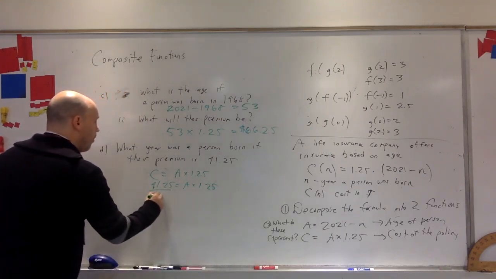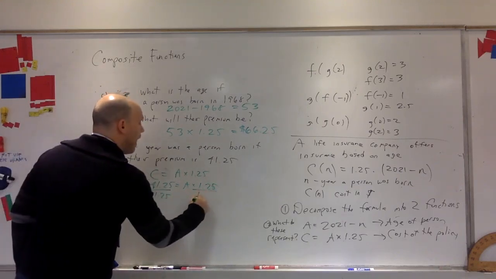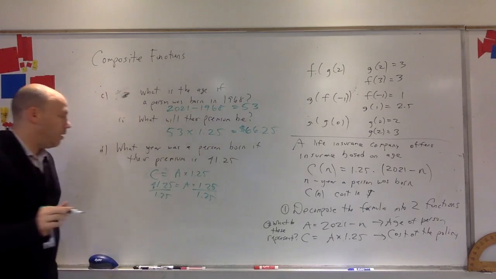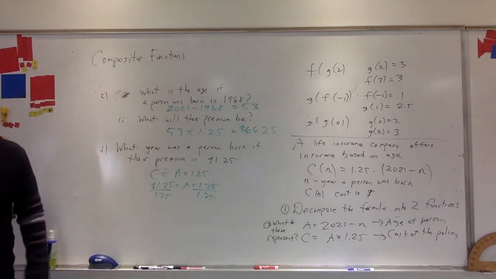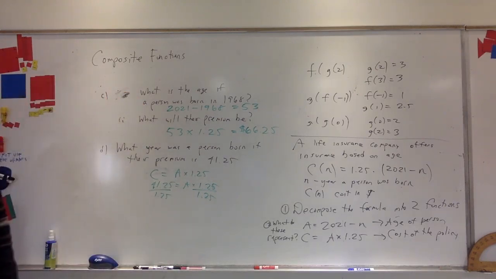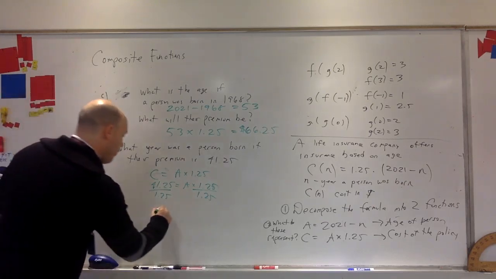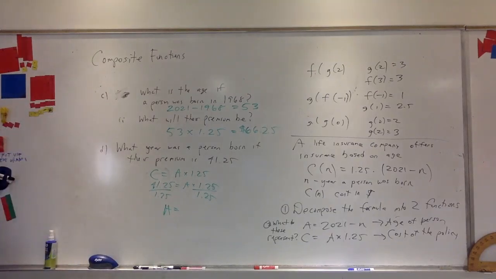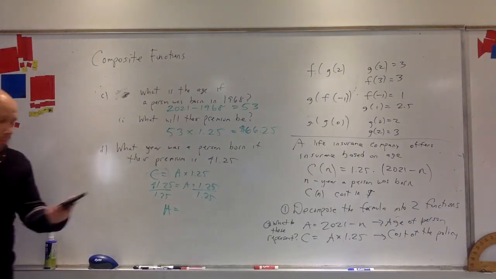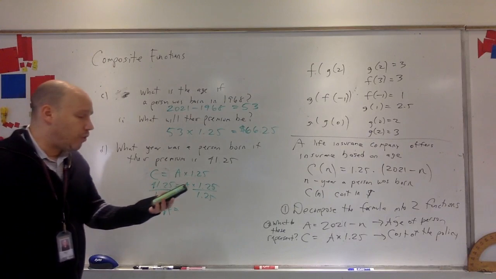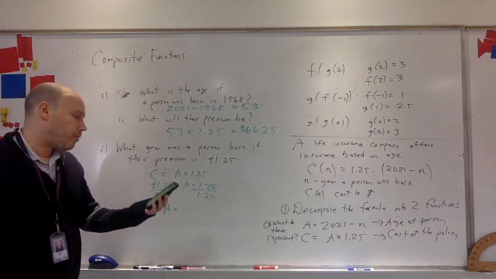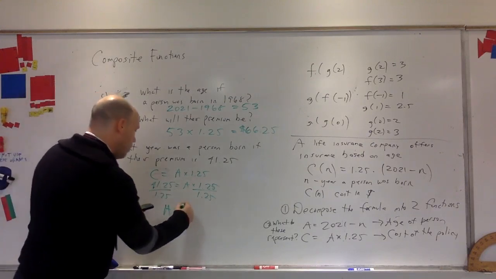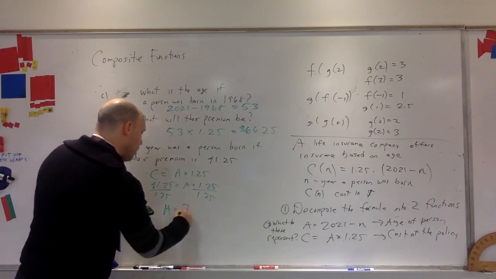Divide both sides by 1.25. 41.25 divided by 1.25 is 33.